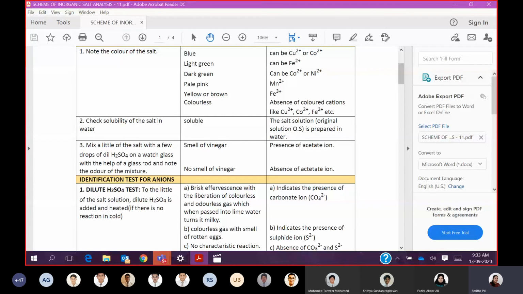So you may get some tests for ions which are not actually there in your sample. There is more chance of the salt getting contaminated. So even minute quantity will give you the test, and that gives a false indication regarding the experiment. So to make sure that your salt has the anion which you have identified, you will be doing the confirmatory test. So one identification followed by confirmatory. Understood, ma'am. Okay, yeah.